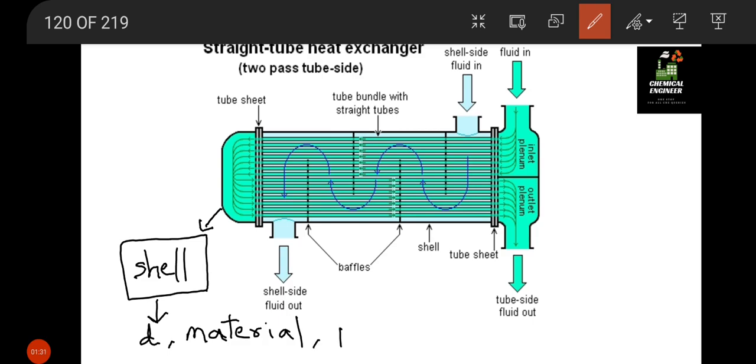Moreover, we have partition, which I will discuss in the later part of this video. So two or three things need to be decided for the shell. The main thing would be our shell diameter, and you should also know what the size or length of the shell will be, which I will give you. Okay, so let us start.